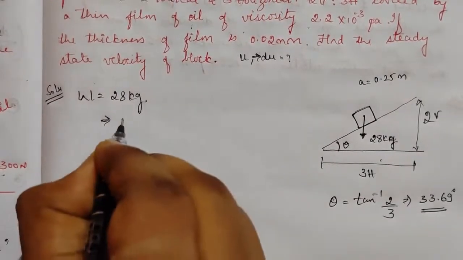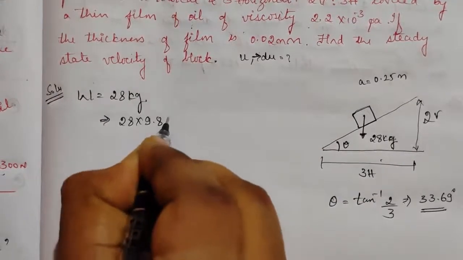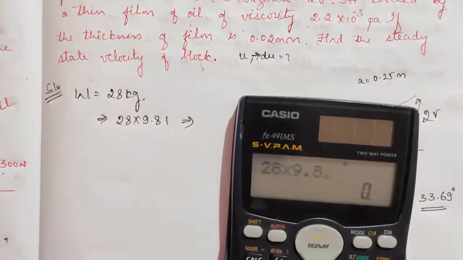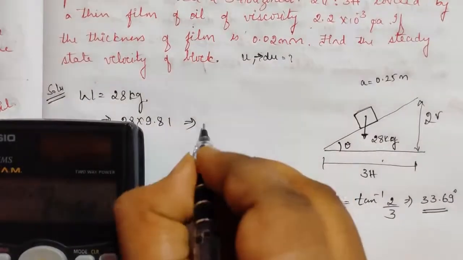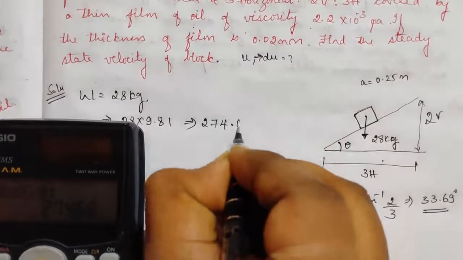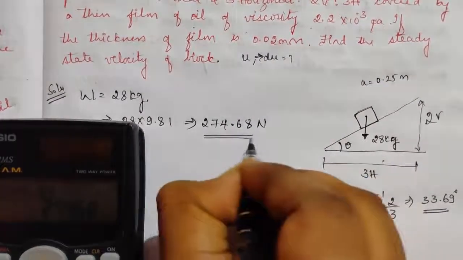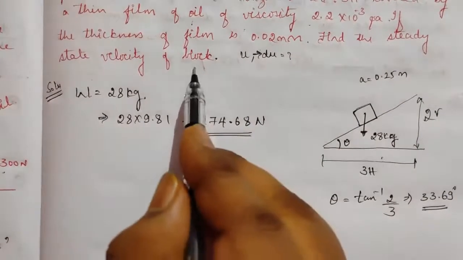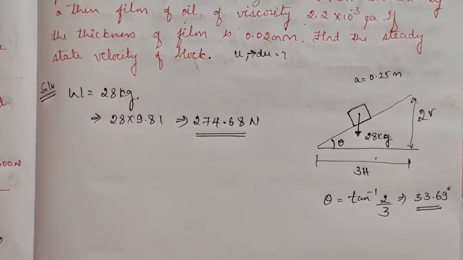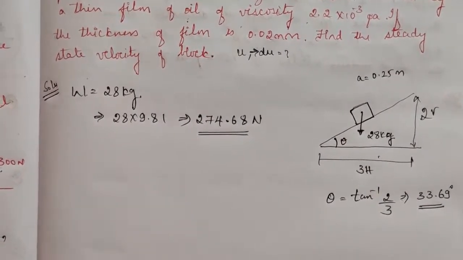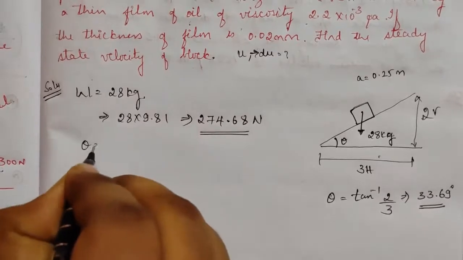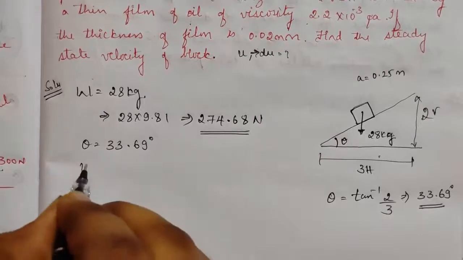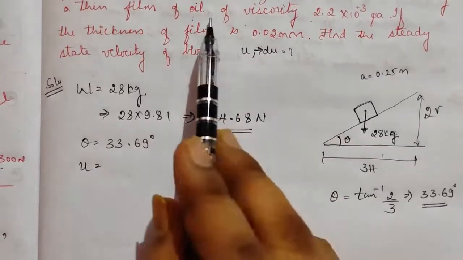I had already told you. 28 into 9.81 will give us the value in Newton, that is 274.68 Newton, because our SI unit should be Newton, meter, second. That's why we are converting the kg term into Newton. Then theta we got, that is 33.69 degree.